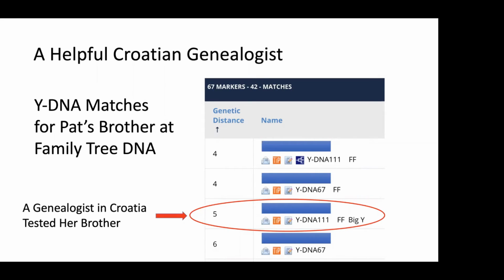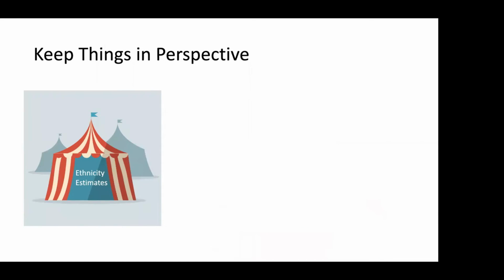So what should we conclude regarding DNA testing for ethnicity? I recommend that you keep things in perspective. In the world of genetic genealogy, ethnicity estimates are the sideshow. They're certainly interesting and something to talk about or debate.